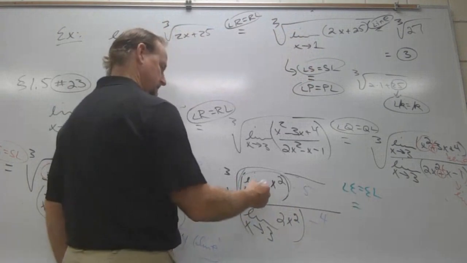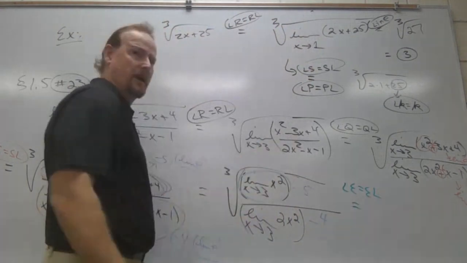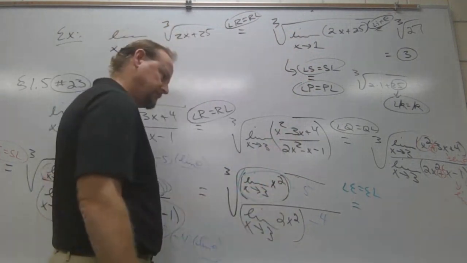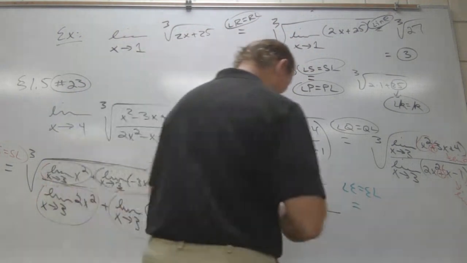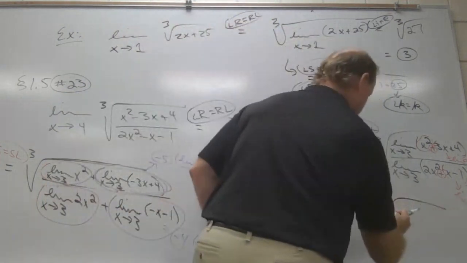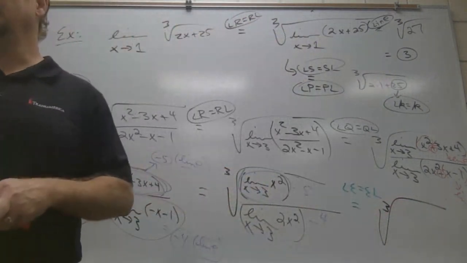So I could rewrite that as limit as x approaches 3 of x, quantity squared. And then as x approaches 3 of x, what's that? Do I need to do two steps? I mean, I do, right?